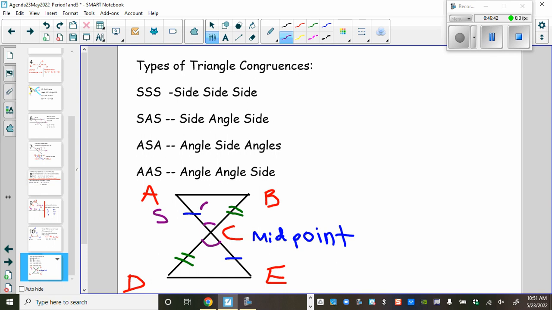And then right in the middle is your angle. That's a side angle side. The reason being, that's a vertical angle. And with the midpoint, the segments above or below, right or left, are congruent. That's why we got to harp on angle congruencies.